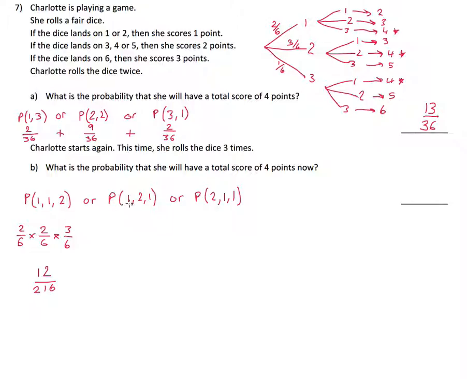The probability of getting a 1, a 2, and a 1 is 2/6 times 3/6 times 2/6, which actually gives us the same number we got over here. 2 times 2 times 3 is the same as doing 2 times 3 times 2. So that also gives us 12 out of 216.